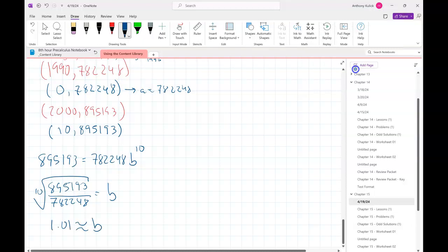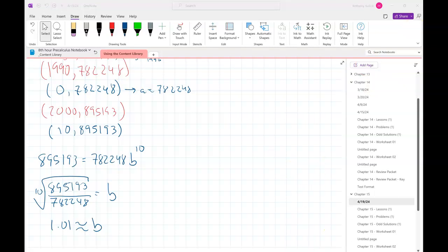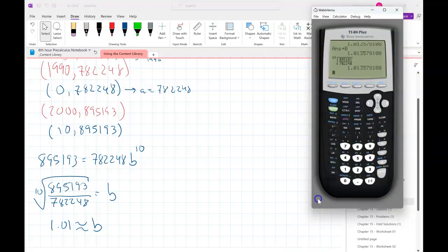Now, the hitch here is that these exponential equations are really sensitive to rounding. And ideally, I'd like to keep all of the decimals for this value b that I just had. The easiest way to do that in our calculator is I'm just going to save that number as a variable name.